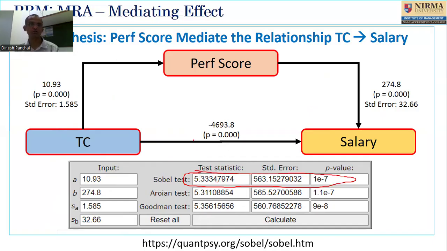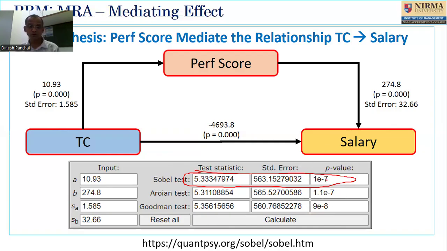Now what does this show? It shows the overall test statistic value for this path. We say this is significant and positive, this is significant and positive. We want to check whether the overall path is significant and positive or not. The test statistic is 5.33 and the p-value is 0.1 divided by 10 million, so it's 0.000001. It's less than 0.05, right? We say the overall path is significant.